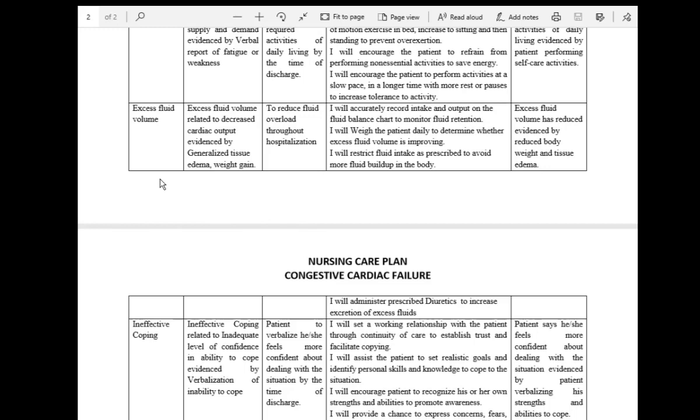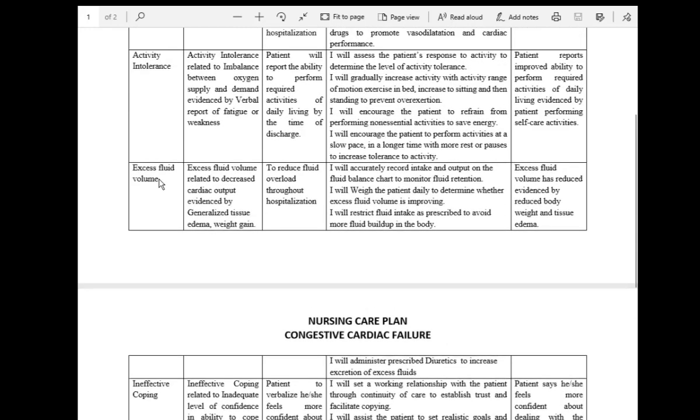The patient will show that the excessive fluid volume has reduced, and it will show by a reduction in the weight and a reduction in tissue edema. This is how we can tell that the patient's fluid volume has reduced.